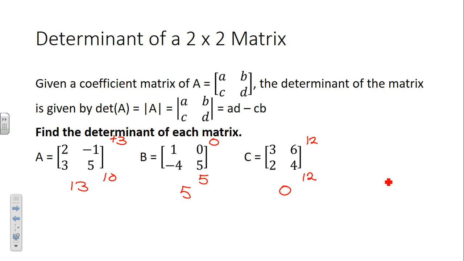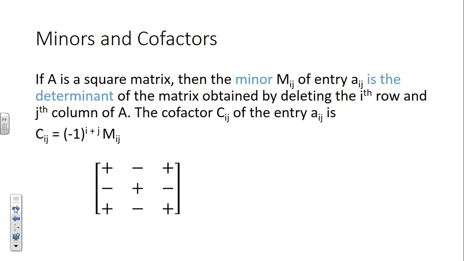Okay, so now on to a 3 by 3. To understand how to find the determinant of a 3 by 3 matrix, we have to understand what minors are and what cofactors are. Two new terms.